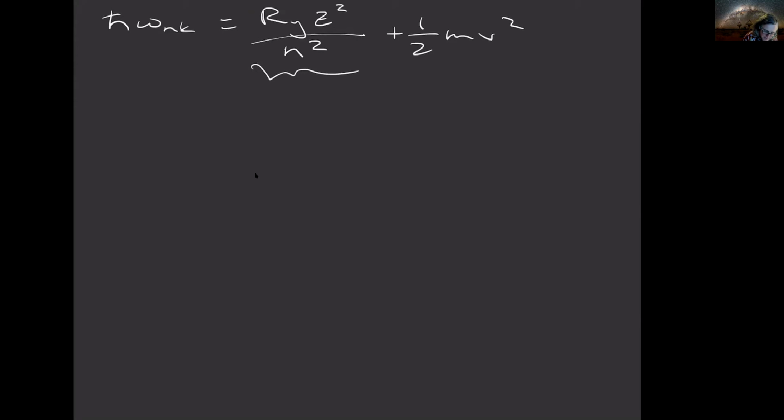And that allows you to see that the angular frequency of that transition is equal to the Rydberg constant times whatever the z is for the ion over n squared plus 1/2 mv squared. So that tells us, based off of our previous estimates, that this must be the ionization energy from the nth state.